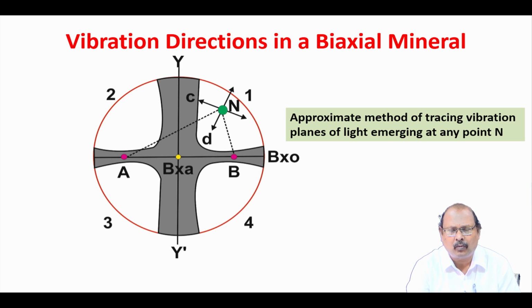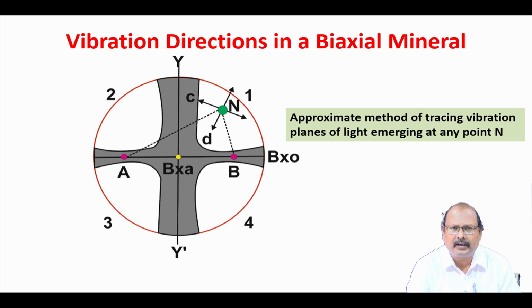If X, Y and Z are the three vibrations, you know that X is the fastest and Z is the slowest, whereas Y has an intermediate velocity. Then immediately the ray which is faster than Y is X. So, immediately you know that the BXO will be X. So, acute bisectrix then will be Z. In that situation the biaxial mineral would have an optic sign which will be biaxial positive.